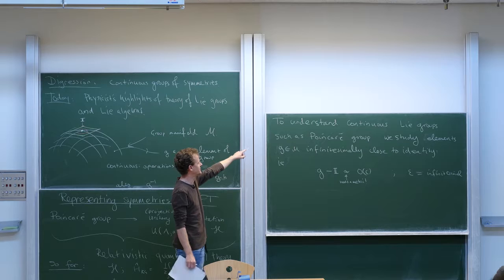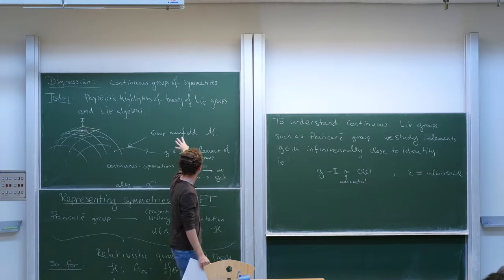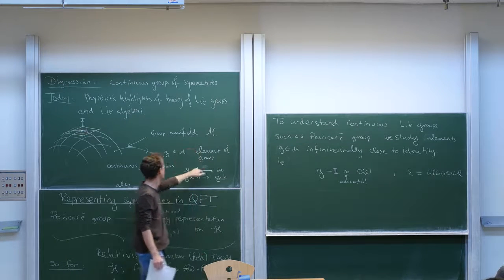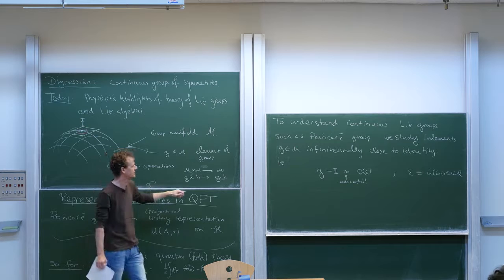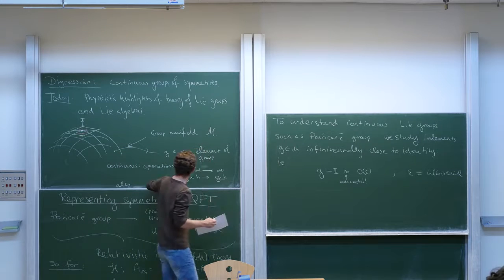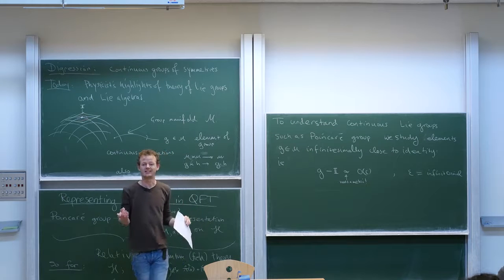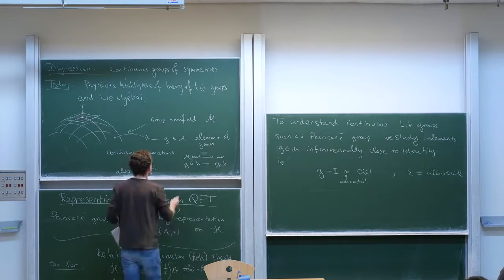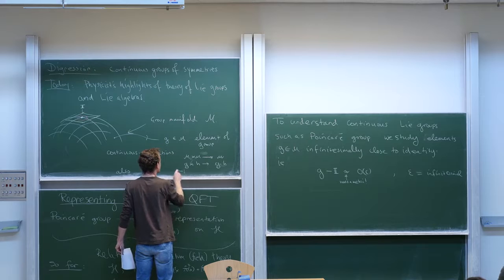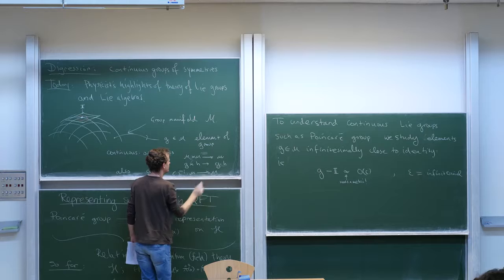So to understand continuous Lie groups, so groups that have the operations of multiplication and inverse being continuous, we study elements that are infinitesimally close to the identity.